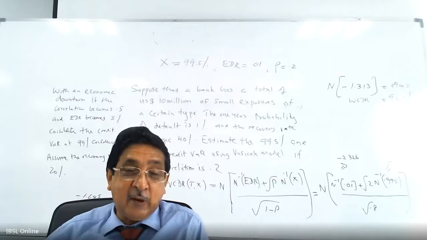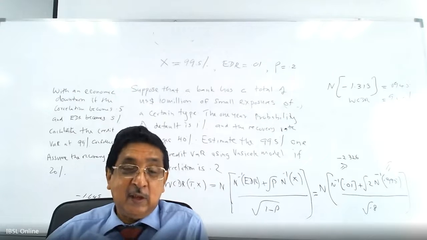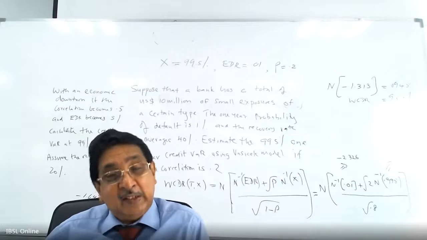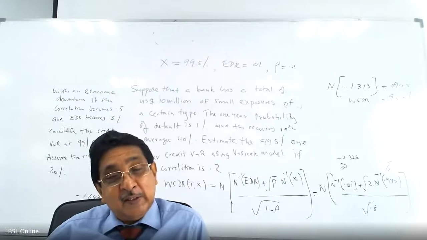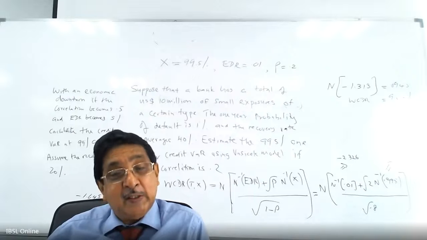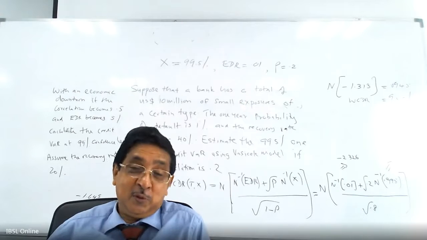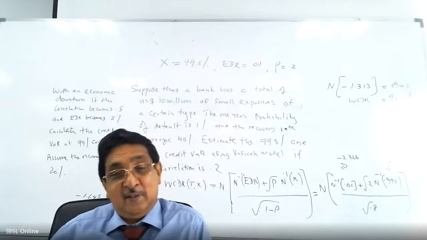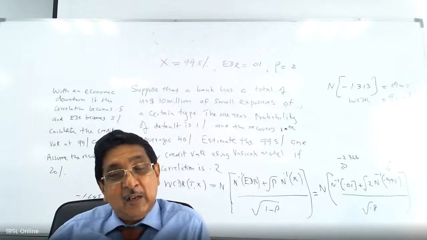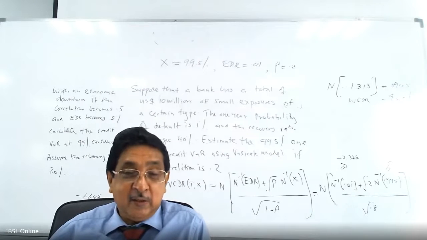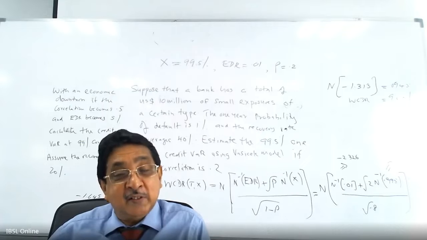That is the credit value at risk. Now you can see as a percentage, the value at risk is 60% of the portfolio value. So that's a drastic loss.